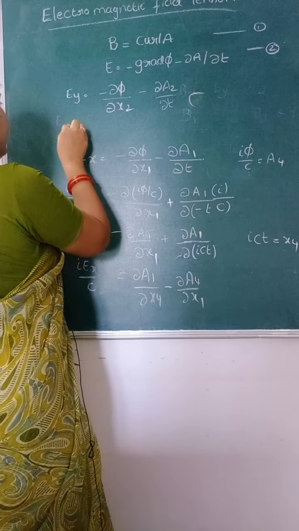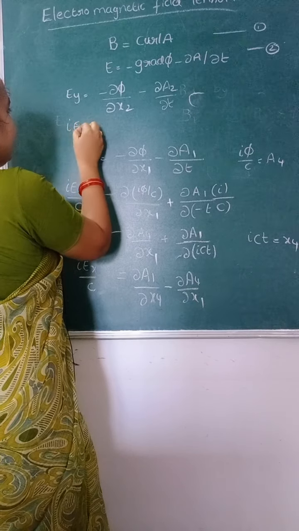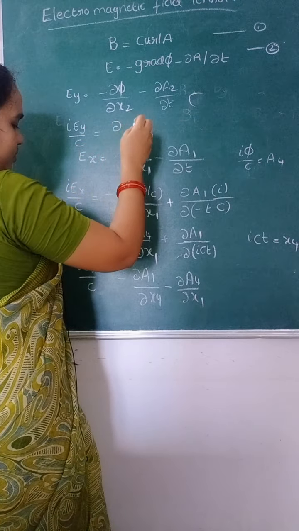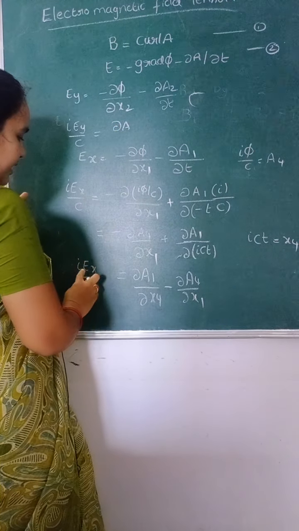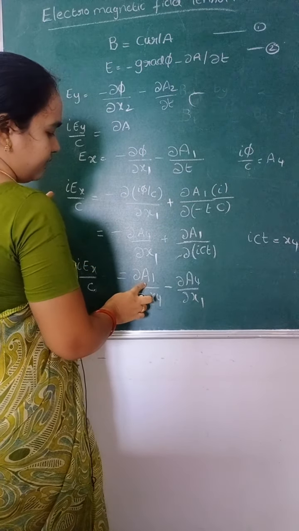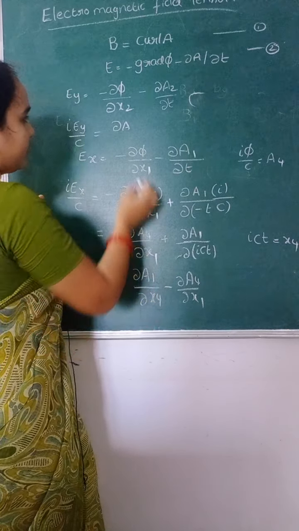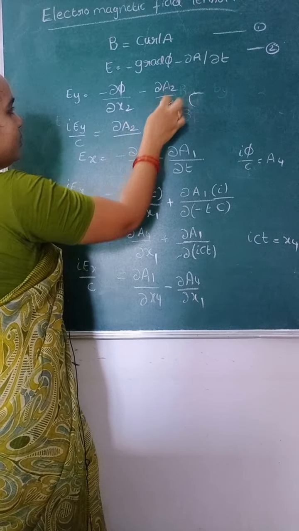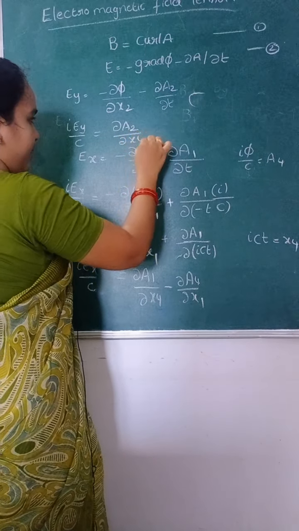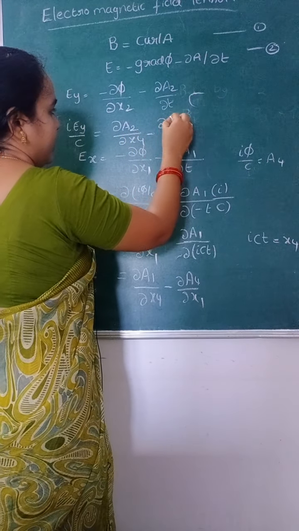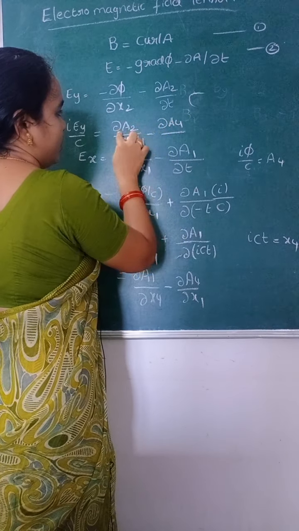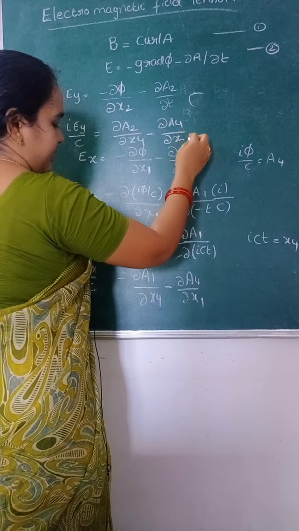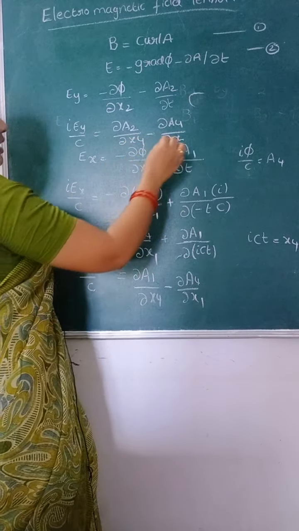So i Ey by c can be written as: for the x component we got A1 with x4, similarly for the y component we got dou A2 by dou x4 minus dou A4 by dou x2.